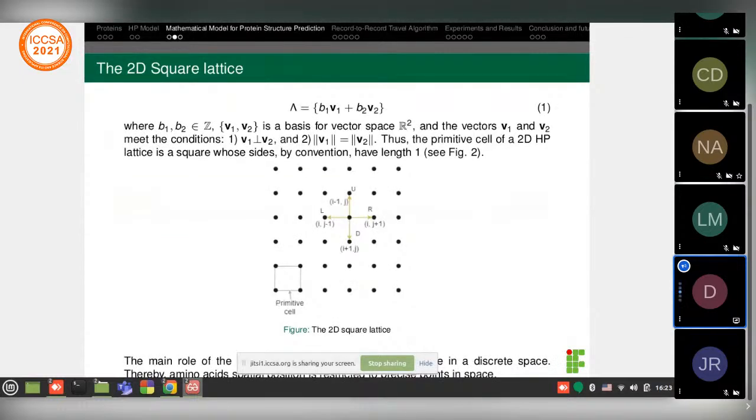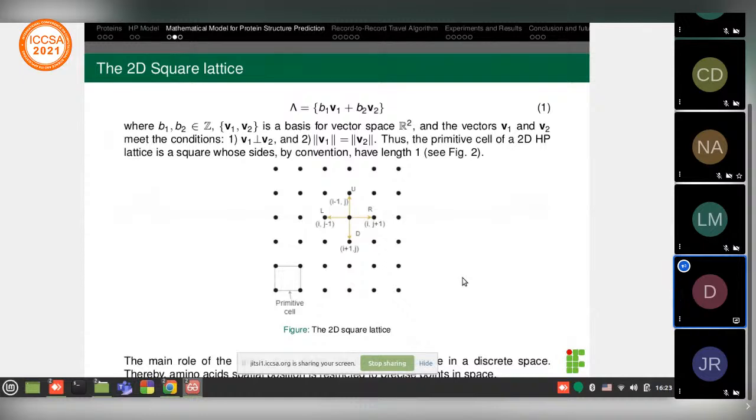The first formula represents a two-dimensional lattice where the scalars b1 and b2 are integer numbers, and the vectors v1 and v2 are the basis for R squared. The vectors v1 and v2 meet the condition: v1 is perpendicular to v2, and the norm of v1 is equal to the norm of v2.